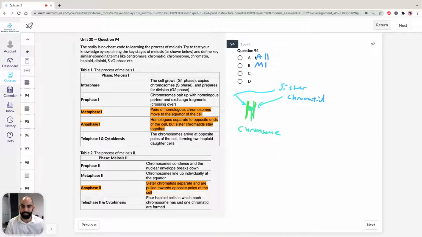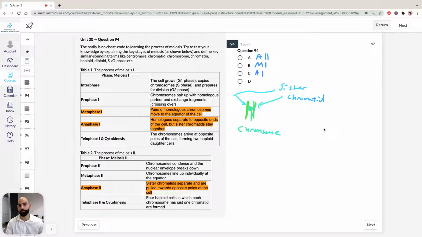Remember in anaphase 2, we've got the chromatids getting pulled apart to the opposite sides of the cell, whereas in this instance, it's the chromosomes getting pulled to the other part of the cell. So it's going to be anaphase 1. You should know these off by heart by the time the GAMSAT comes around. Please make sure you upskill in meiosis and mitosis, because being able to do it in a flash is going to save you time in the GAMSAT and let you move on to the more challenging questions.